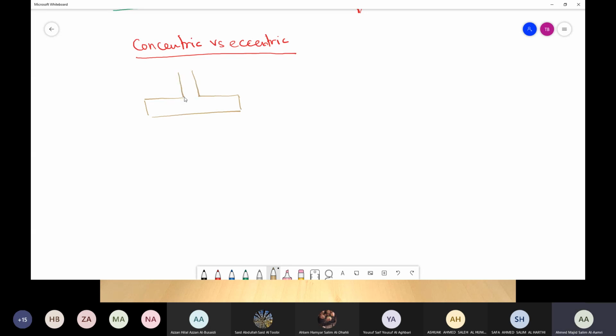So you can see now here we have two elements. We have element number 1 and element number 2. Element number 1 is representing a column. Element number 2 is representing the foundation. If we're taking it for scenario number 1, let us have 2 scenarios.